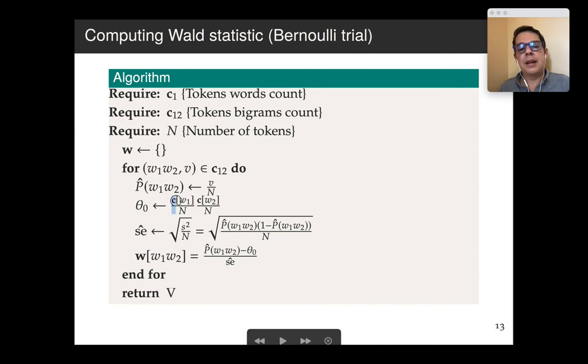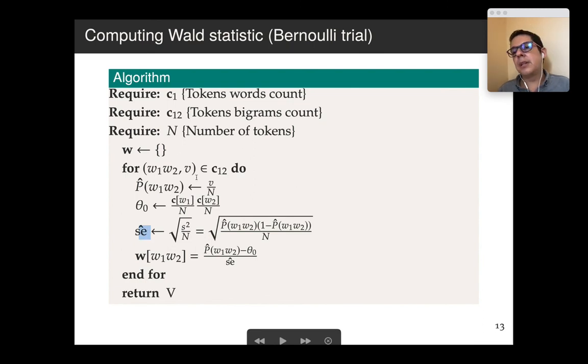So this is the count of word 1 divided by N, multiplied by the count of word 2 divided by N. So we have theta 0, and the standard deviation.